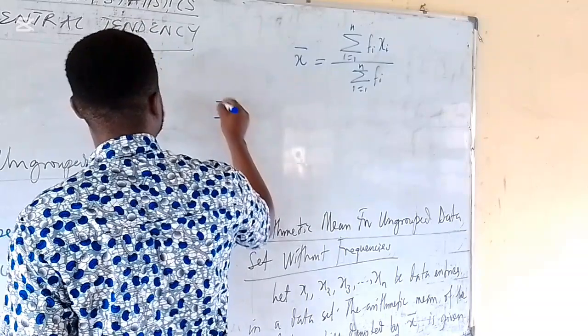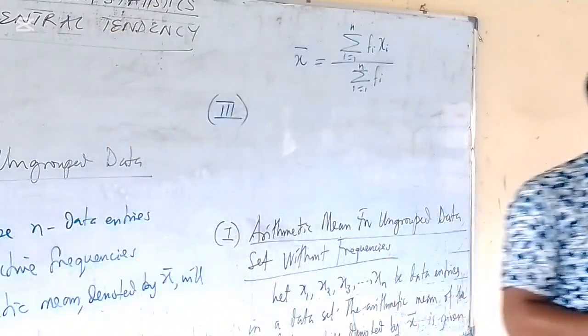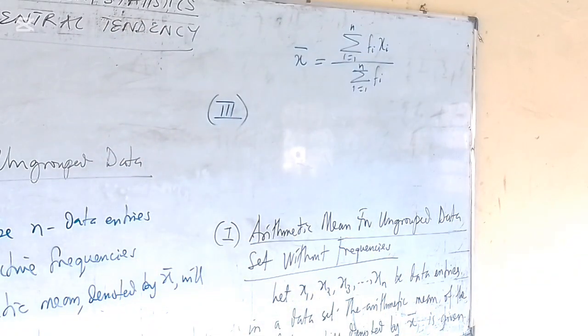Group 3. When we discussed group frequency table, I told you that our xi's for a group frequency table will be called what? In a group frequency table, what are your xi's?